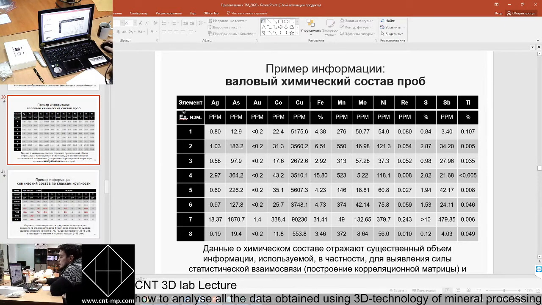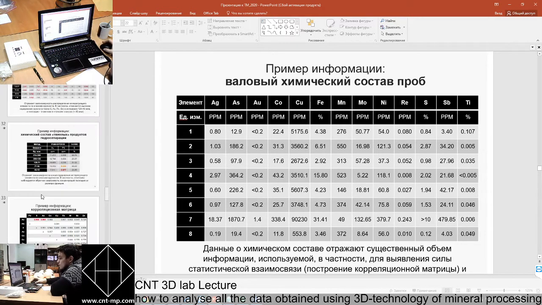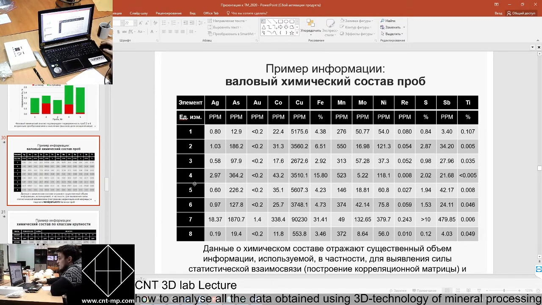Also, we make tables. We do a lot of them. The main thing is that all the data should be easy to read, easy to look at, and easy to understand.